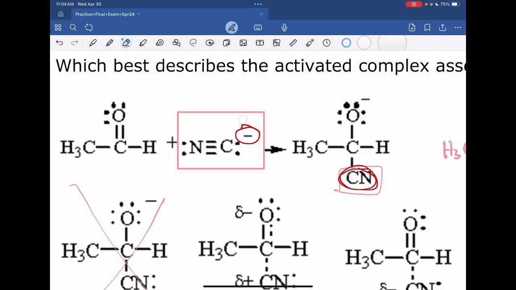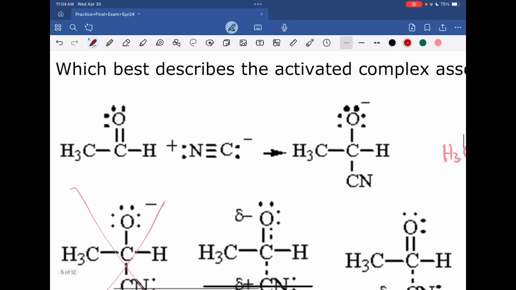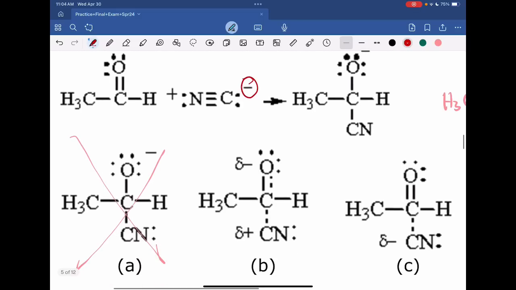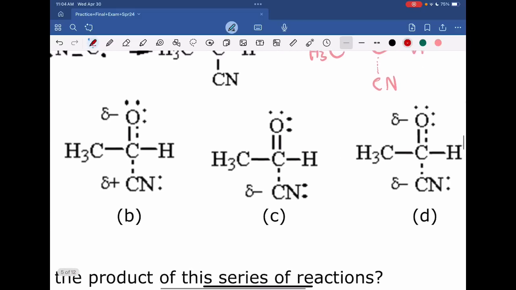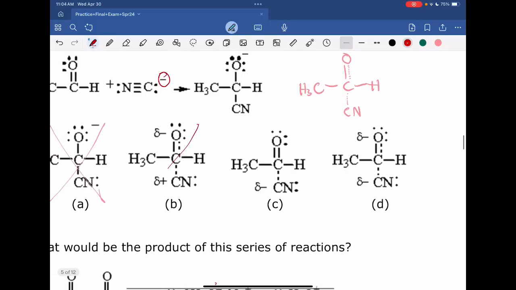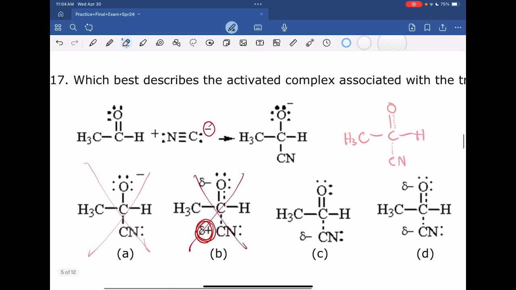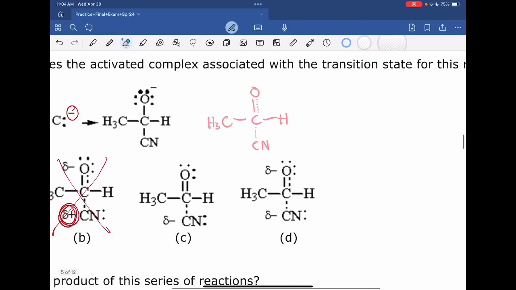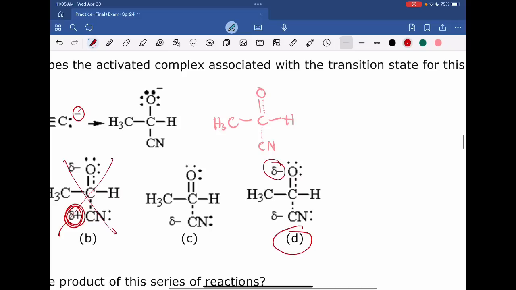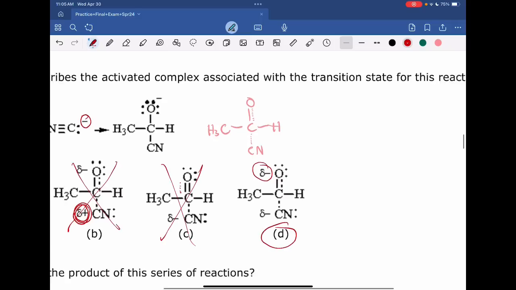So in between having a charge and having no charge, you have a little charge, negative charge, right? So there should be a partial negative on the CN. So B is out. It doesn't make sense to have a partial positive on the CN. And now between C and D, you're in the process of giving O a negative charge, so it will also make sense to have a partial negative in here. So it's D. Oh, and this one isn't even a squiggly dotted bond, so it's also out. Okay.